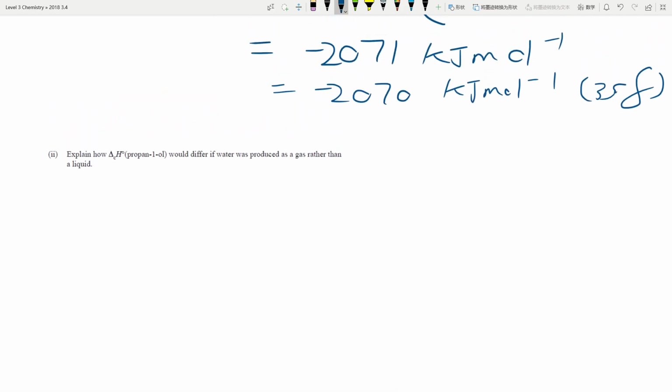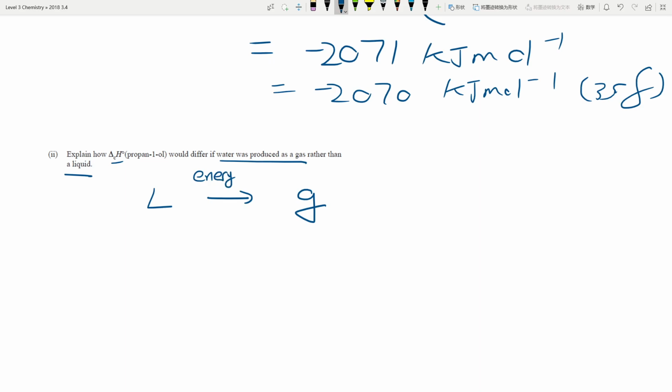Next one. Explain why enthalpy of combustion of propanol would differ if water was produced as a gas rather than liquid. So if you produce water as a liquid versus a gas, the enthalpy change will be less because you need to convert your liquid to the gas, and in this process energy will be absorbed.